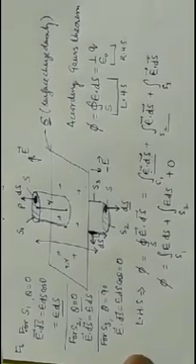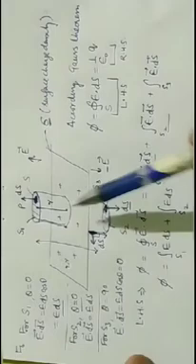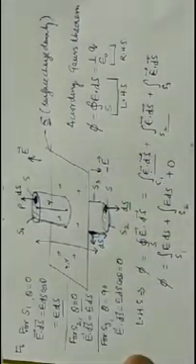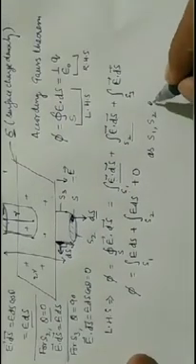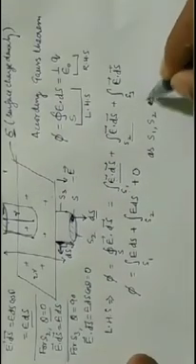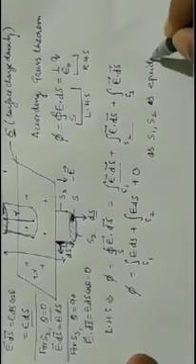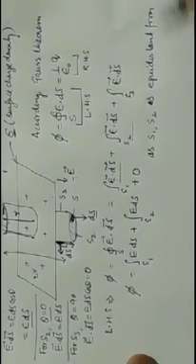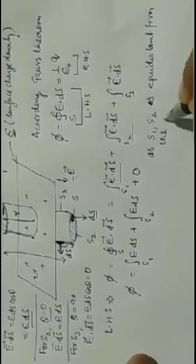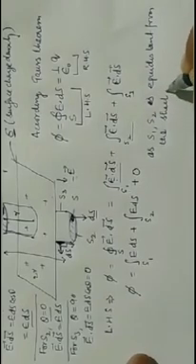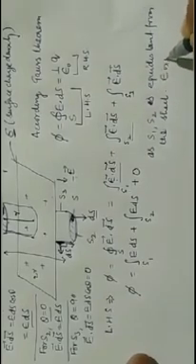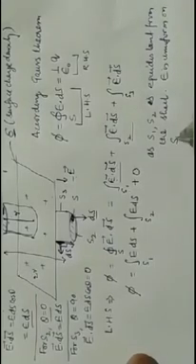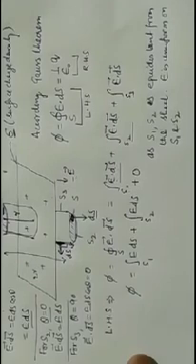Now this surface area and this surface area are equidistant from this sheet. So as S1 and S2 are equidistant from the sheet, E is uniform on S1 and S2.